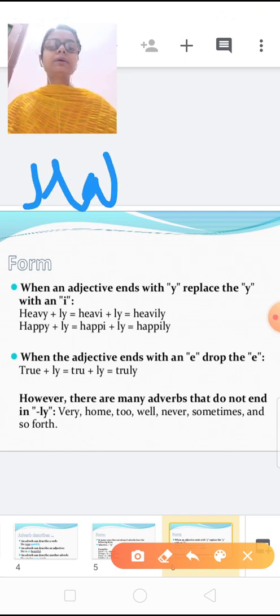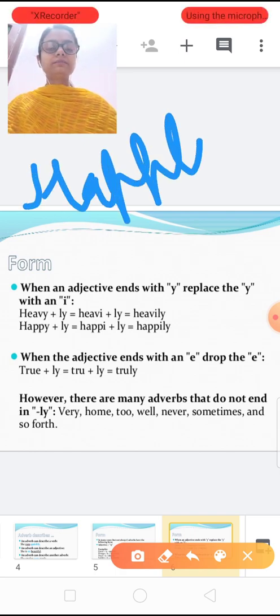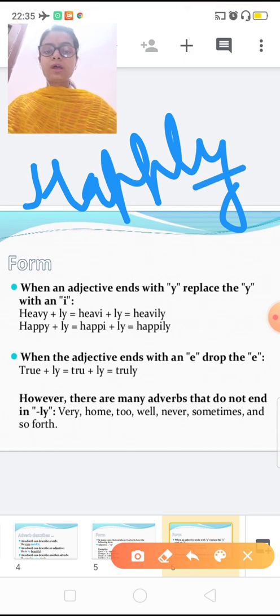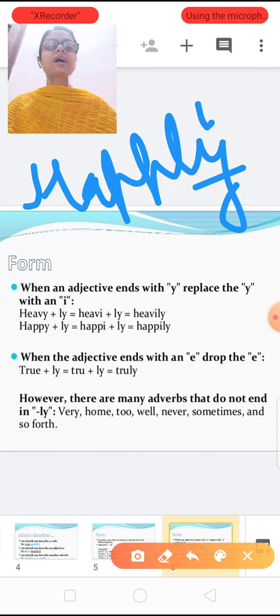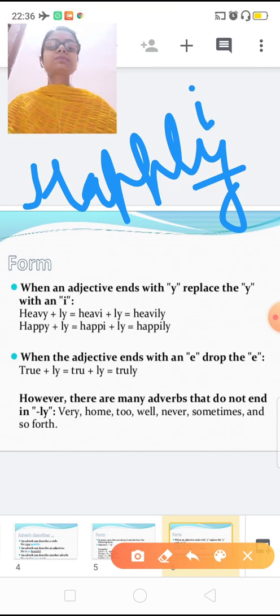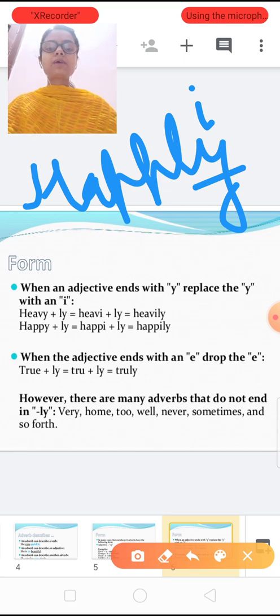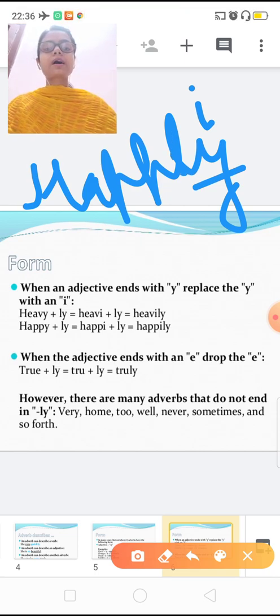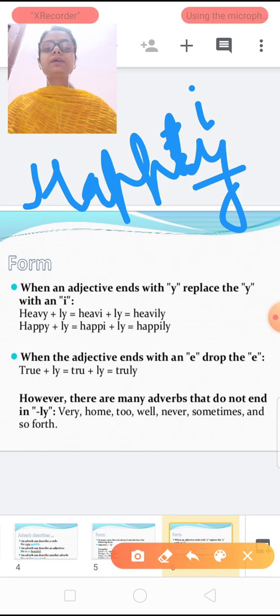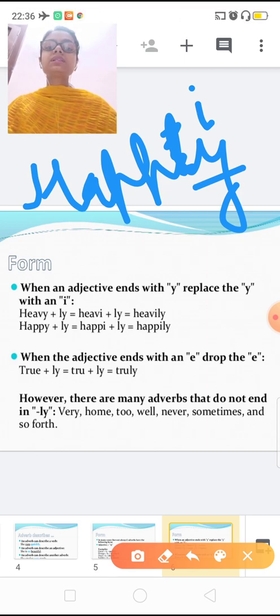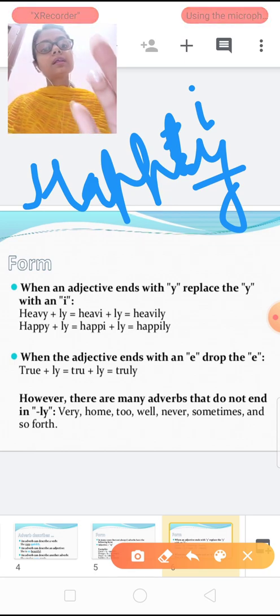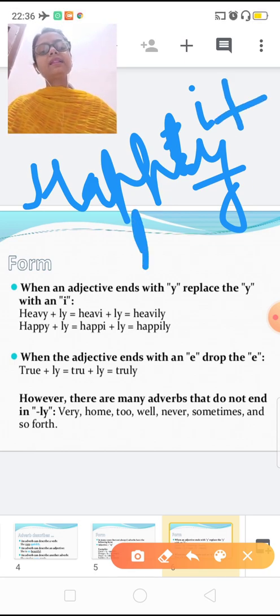Always remember, when an adjective ends with y, the first step is to remove y and add i. Now its spelling becomes HAPPI. Now, with this spelling of HAPPI, add LY.